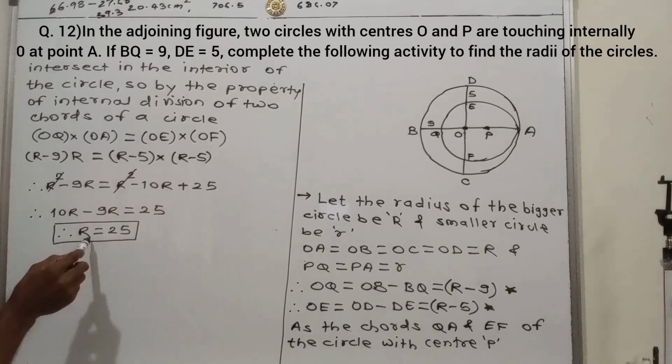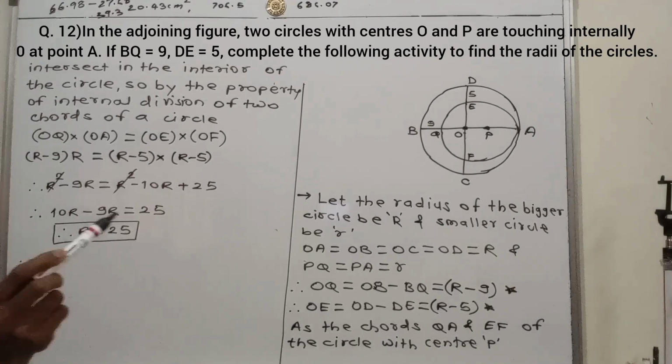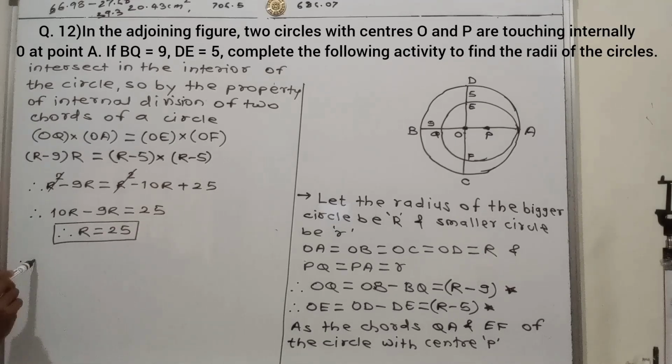Now, we have got radius of bigger circle, then we want radius of smaller circle, that is small letter r. Now for this, see here, AQ we have given here, AQ is equal to 2r, that is diameter of this smaller circle.